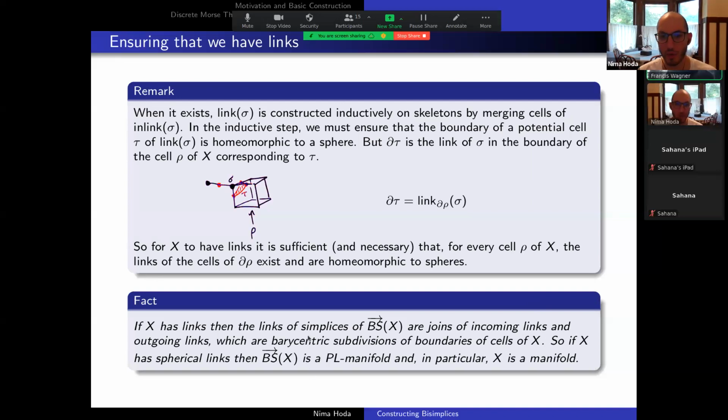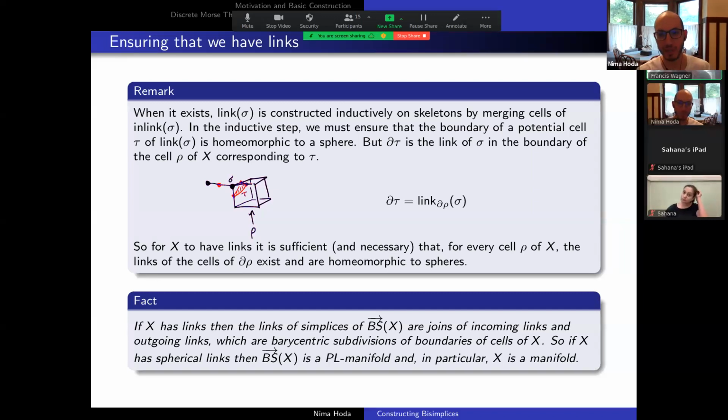So this is how we go from links being spherical to X being a manifold. It's via the barycentric subdivision. If X has links and they're spherical, then that's enough to show that the simplices of the barycentric subdivision are homeomorphic to spheres.